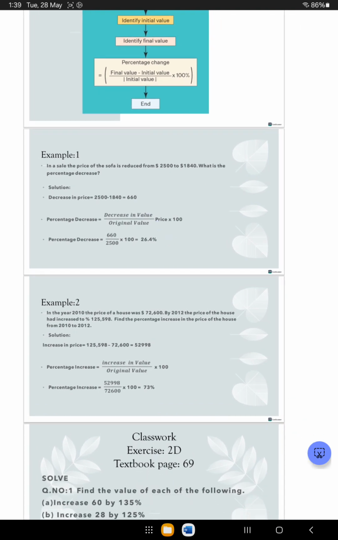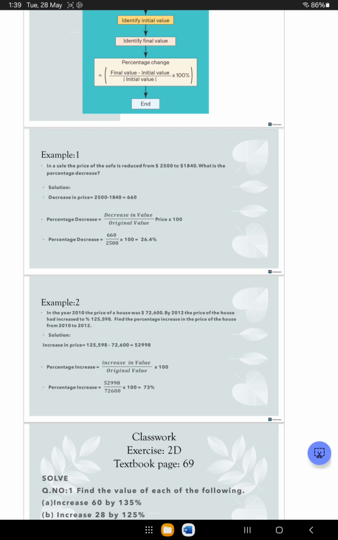In the sale, the price of the sofa is reduced, which describes a decrease. The amount decreases from $2500 to $1840. What is the percent decrease? Solution: decrease in price. Initial value is 2500 and final value is 1840.